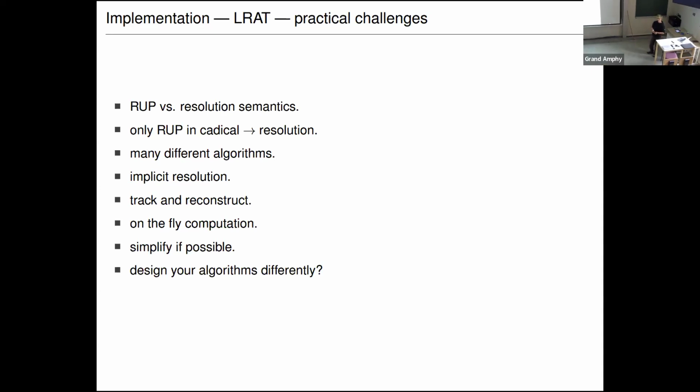Sorry, may I ask? I don't think I understand the difference between group and resolution semantics. Is it about whether what I call the accumulated formula is a set or a multiset? No, so for resolution semantics, you can only apply the resolution rule, and you are not allowed to resolve over the same variable multiple times.